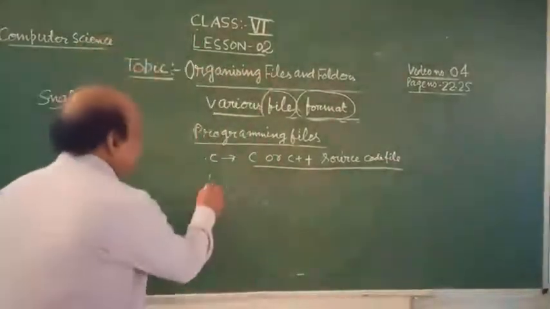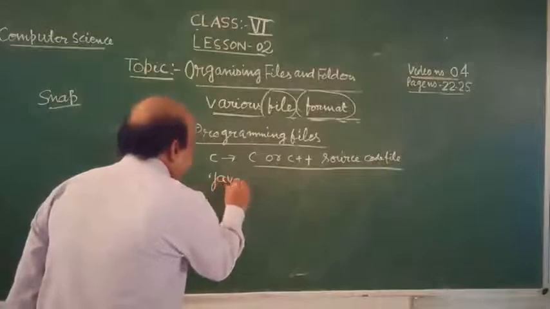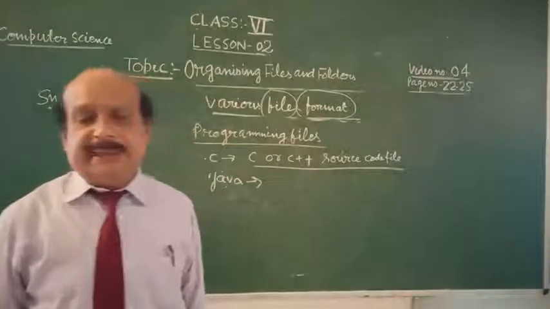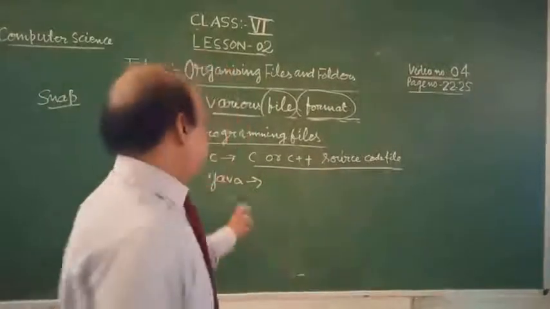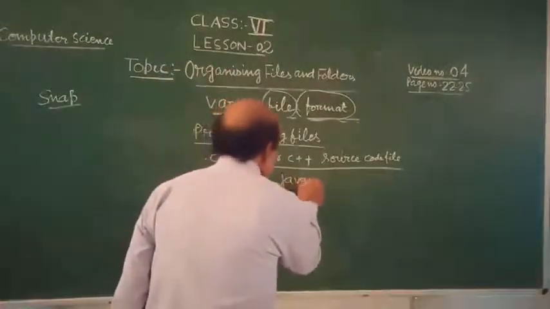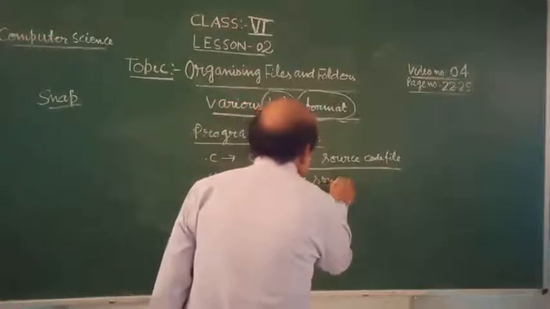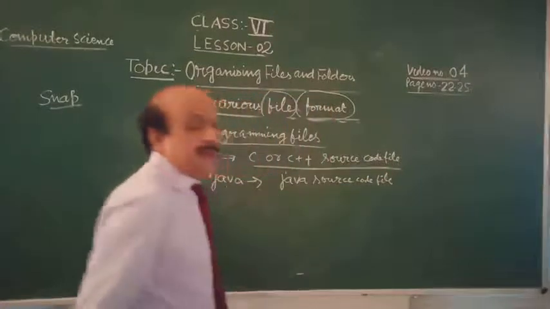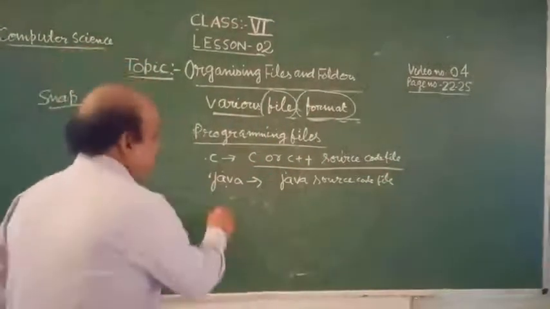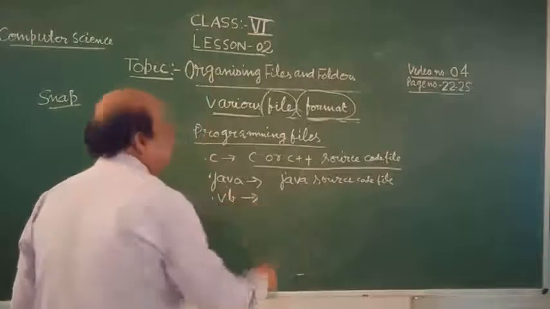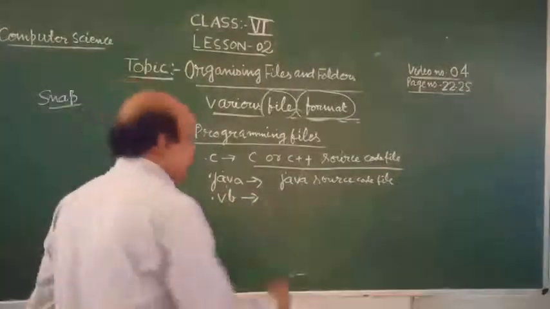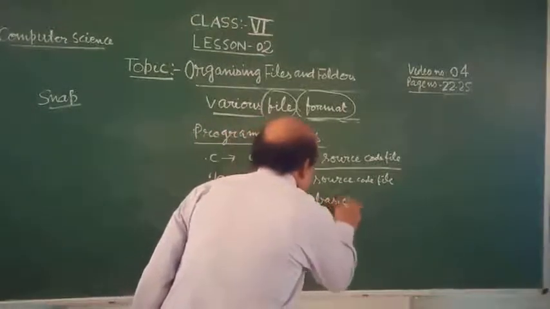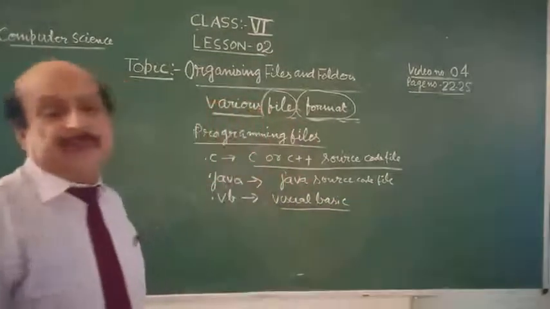Next you can take .java. This is the indication of a Java source code file. Like this, if you are using .vb, you can say it is a Visual Basic file.